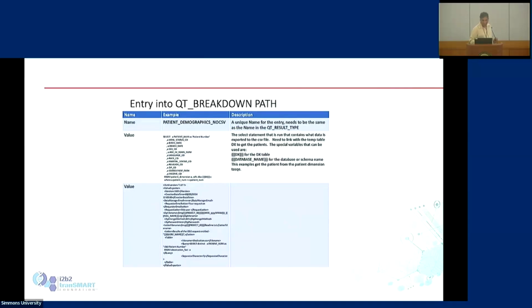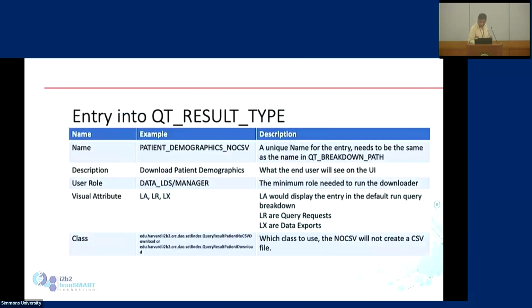And then the other part is, as Jeff had earlier, with that SQL statement, that all goes into the Qt breakdown path. And so you have the name of whatever you want to call it, my medications, and then in the example, it would have the whole select statement. Query tool. No, not Qt, it's query tool.